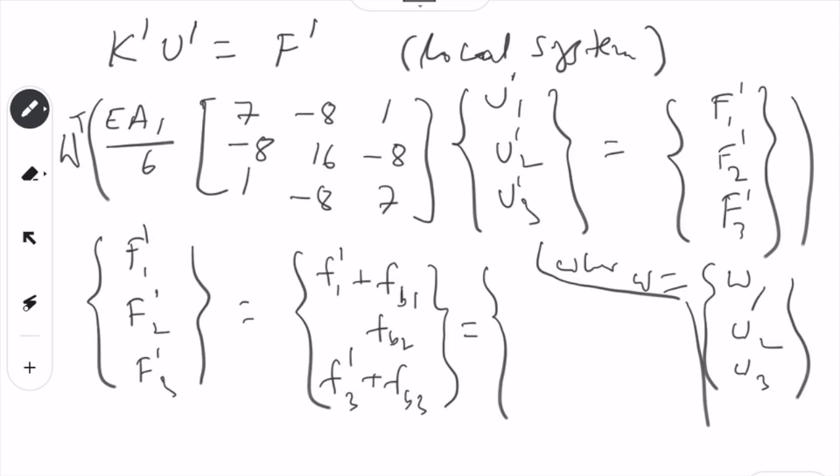As we have seen, this is B naught over 3 only, so we can write B naught over 3, plus F11, then B naught 4 over 3, 4 B naught over 3, and then B naught over 3 plus F12. So we have it like this.